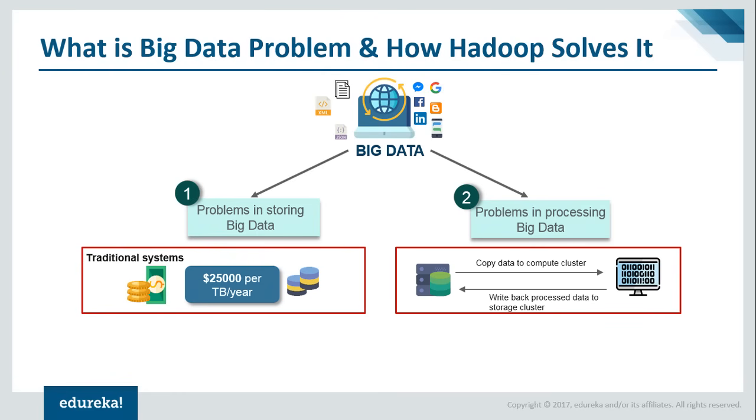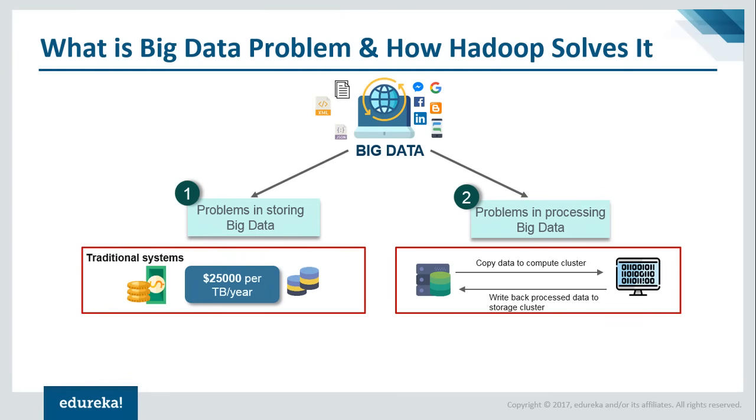I've already told you that we are not dealing with just terabytes, we're dealing with zettabytes. Like I told you, by 2020 there would be 40 zettabytes. So this is completely unfeasible in terms of cost if we use traditional systems.